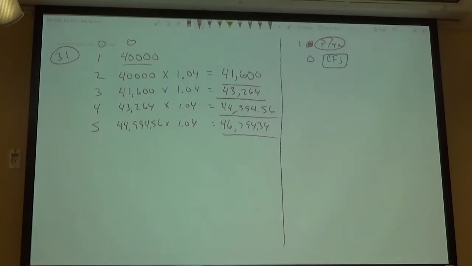Now, on your calculator, third key over, third key down, has CF sub J, cash flow sub J. What that means is that you're able to put in period cash flows or dollar amounts each year or each month, depending on the problem, and the calculator will keep track of those.